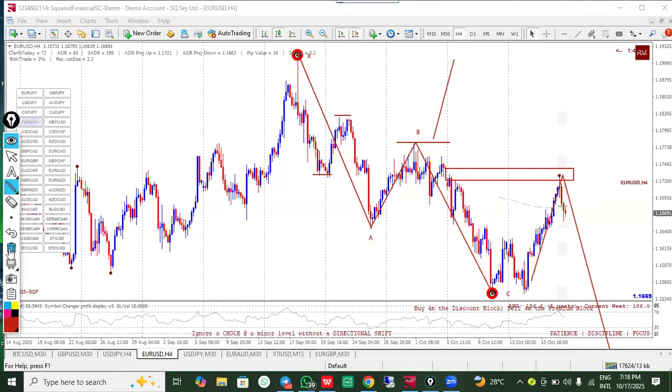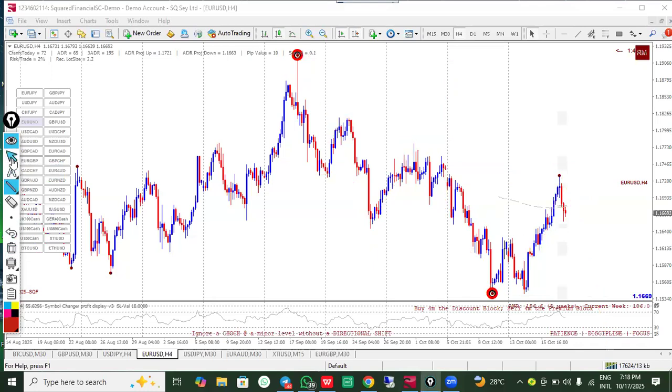So anytime you look at your price chart, please try as much as possible to mark out your SABC on that chart, so you can know your dealing range and know the swing that you are focusing on to take a trading decision. That is the best way to go, right? I hope that is clear.